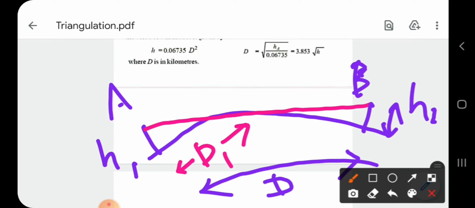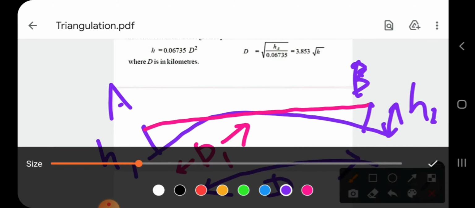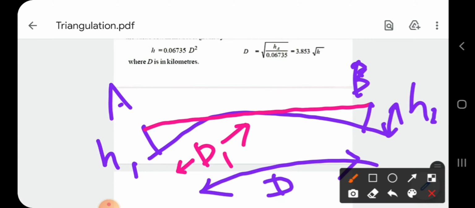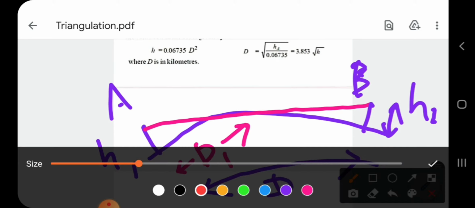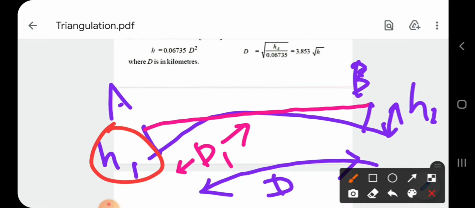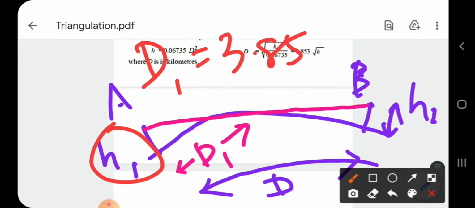Then the first step: we know h1 and D. From these two we have to find d1, d2, and then lastly h2. From the value of h1 we can find d1, that is d1 is equal to 3.853 root h1.